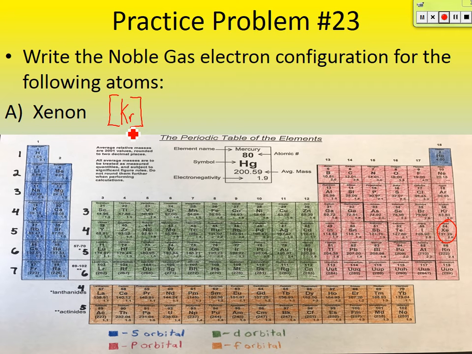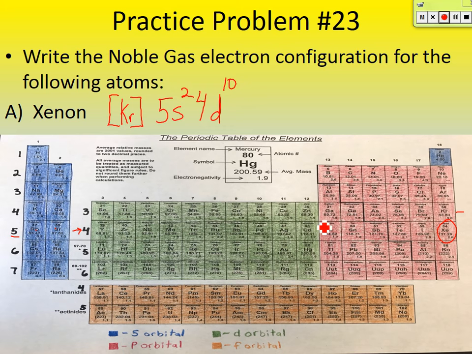Okay, and then let's build it from krypton. So we're done with that row. Let's come down to the next row. What energy level? 5. What orbital? 5s, and there are 2 electrons there. Now be careful. What do we go to next? 4d. How many over? 10.